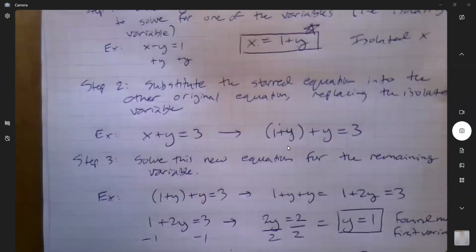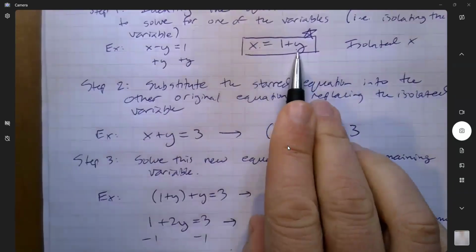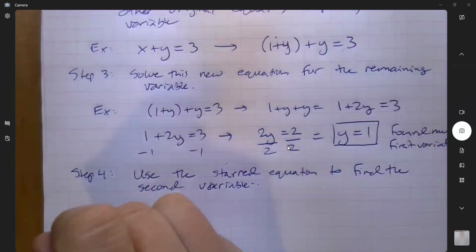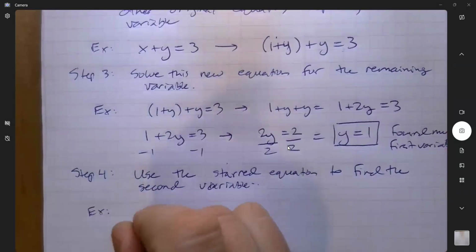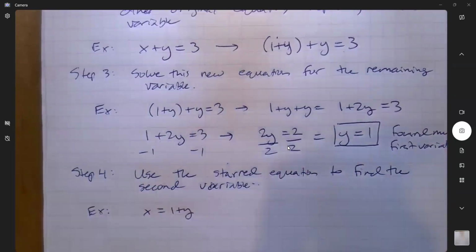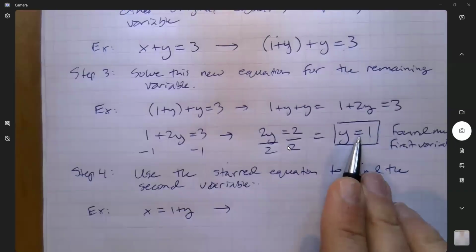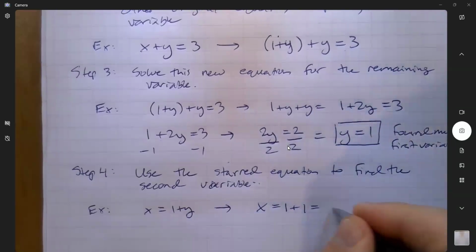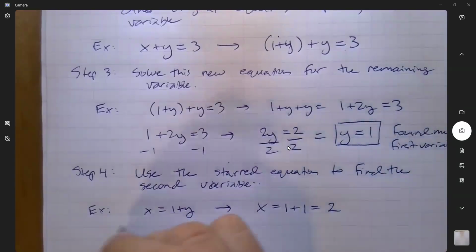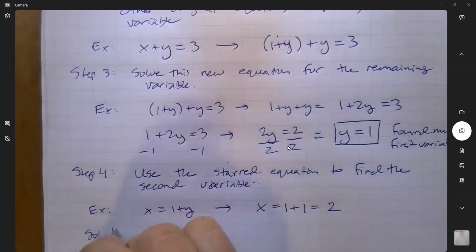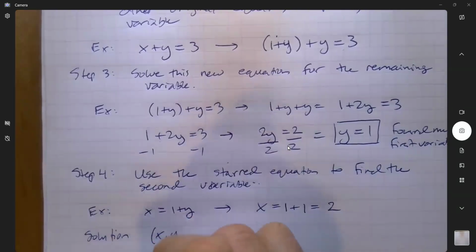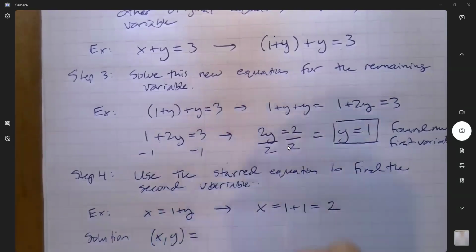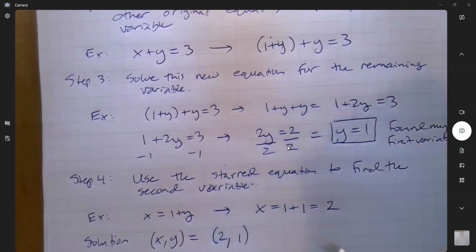My starred equation tells me if I know y, I can find x. In my example, my starred equation was x equals 1 plus y, and I know that y equals 1. So x equals 1 plus 1, x equals 2. So my solution, written as usual as a coordinate point, x equals 2, y equals 1.